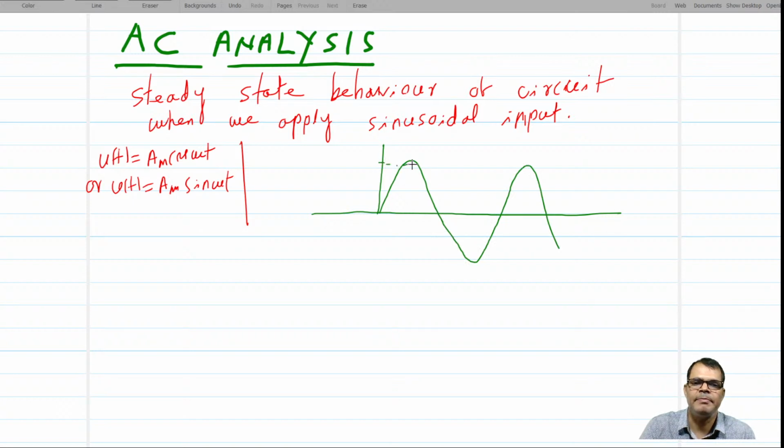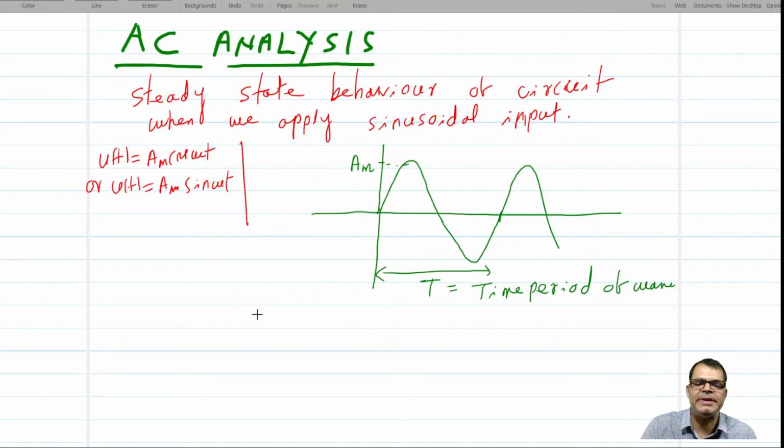This Am is called the amplitude or peak value of the sinusoidal wave. One complete cycle is called the time period of the wave. Then the number of time periods in 1 second is called the frequency of the wave, so it is the reciprocal of the time period.